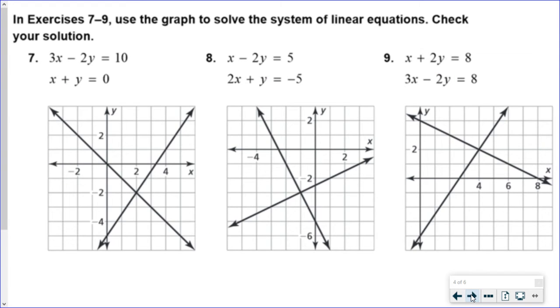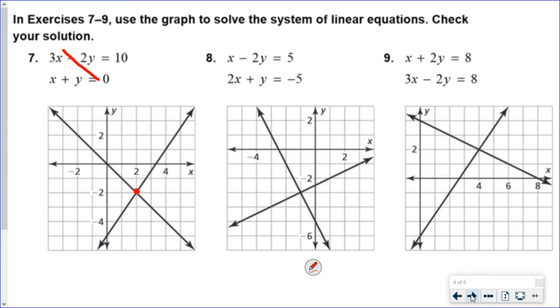Okay, here we go. It says use the graph to solve the system of linear equations. Okay, so number 7, this is a system of equations. But for today, I'm just going to worry about where they cross. So what you should do is graph the lines in slope-intercept form, and then you just see where they cross.